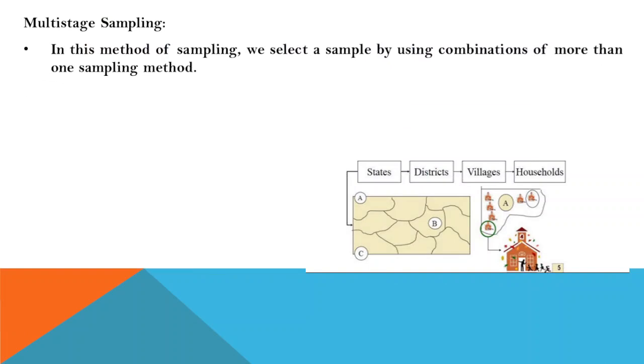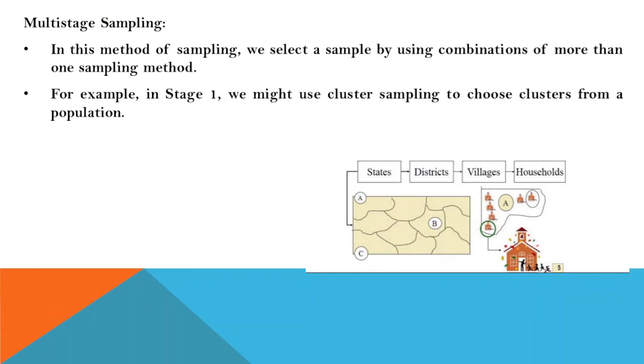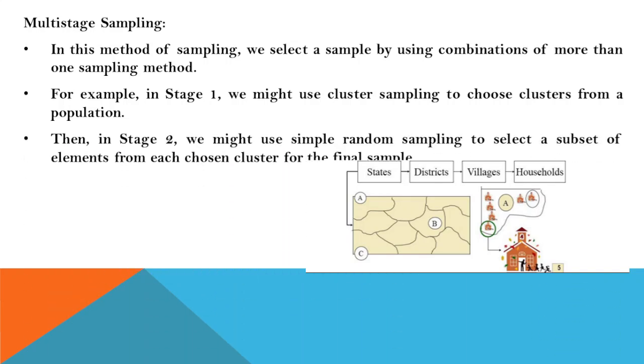The fourth type of probability sampling is multistage sampling. In this method of sampling, we select a sample by using a combination of more than one sampling method. For example, in stage 1, we might use cluster sampling to choose clusters from a population. Then, in stage 2, we might use simple random sampling to select a subset of elements from each chosen cluster for the final sample.